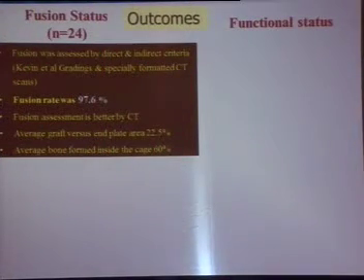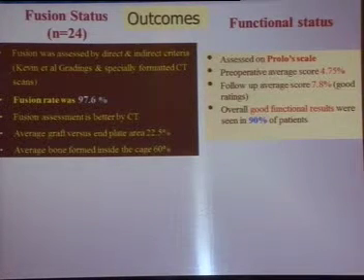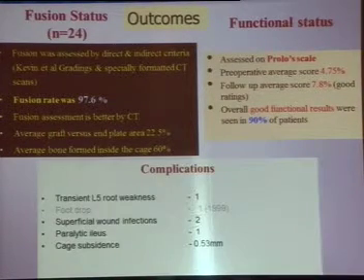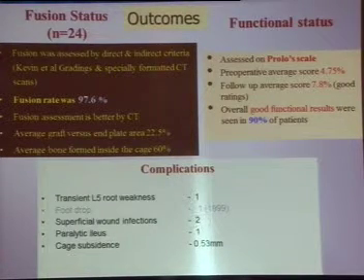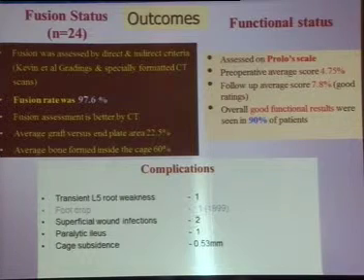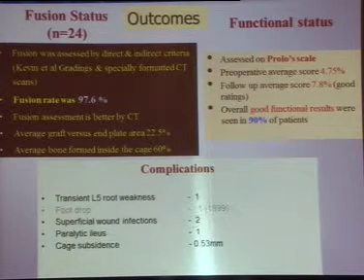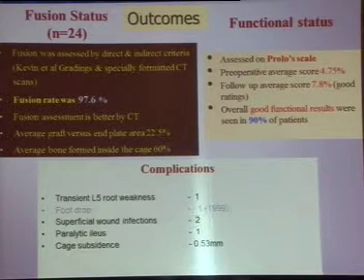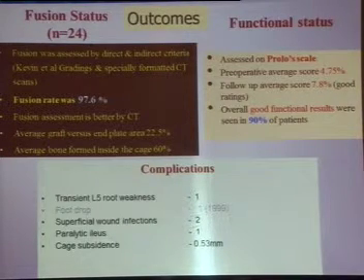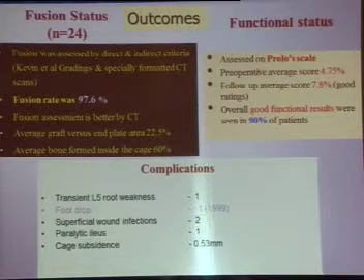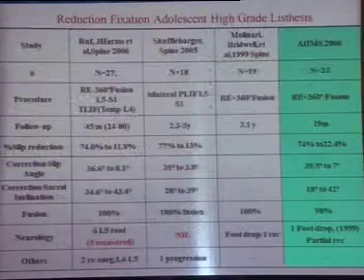And when we looked at our outcomes, we had a very good fusion rate of these high-grade listhesis and good functional status. If you look at the complication rate, we had 2 L5 weaknesses there. One of them recovered. That was picked up during surgery by the monitoring, but one did not. This was before we started using our nerve monitoring in the early 1990s.